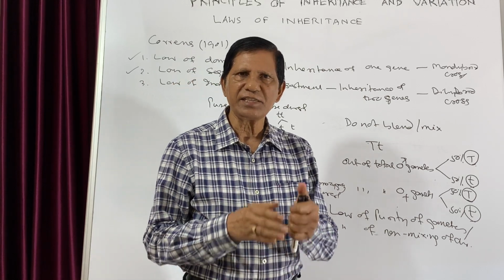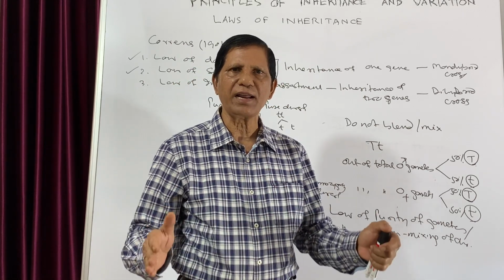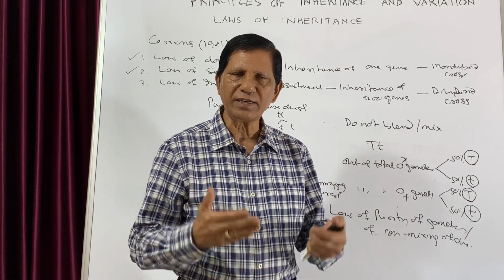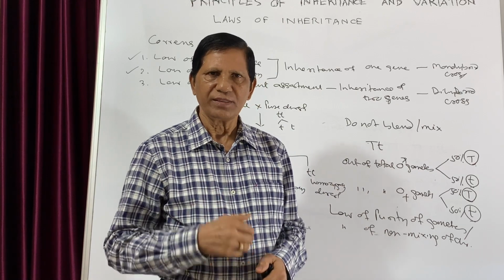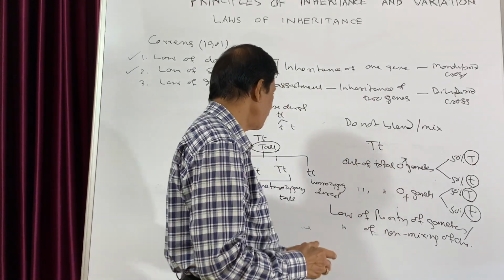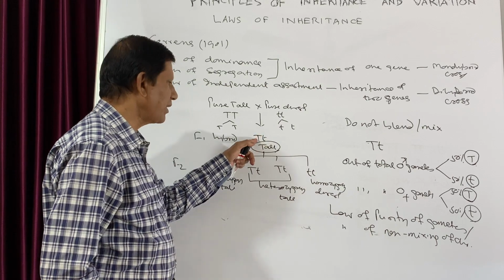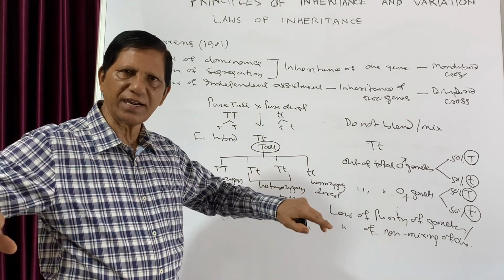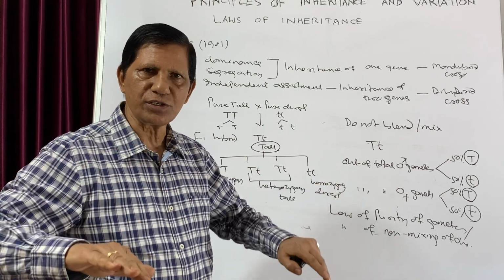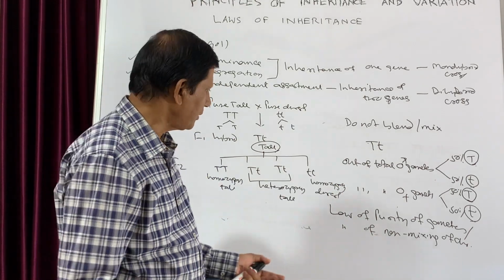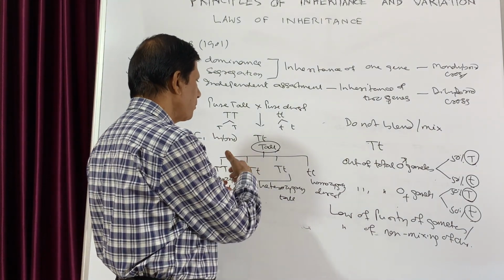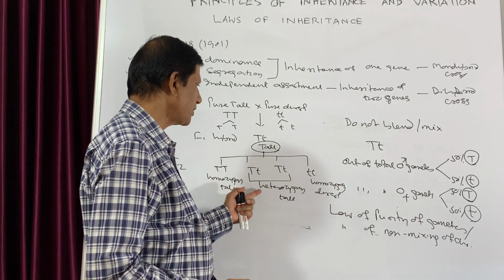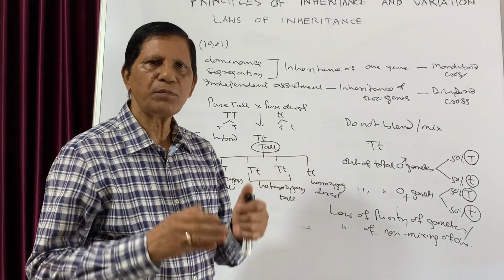That is, there is separation, there is segregation of characters during formation of gametes, because at that time there is meiosis. That is why, though both characters are present together in the F1 hybrid, they separate at the time of meiosis during gamete formation, so that in the F2 generation, both tall and dwarf plants, and again homozygous tall, heterozygous tall and pure dwarf plants are possible.